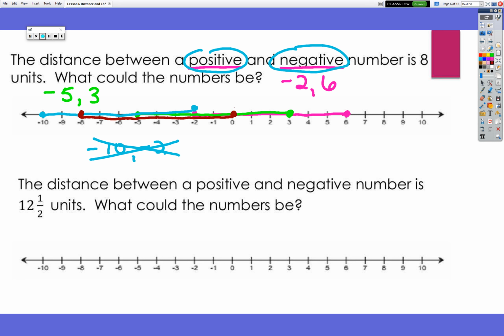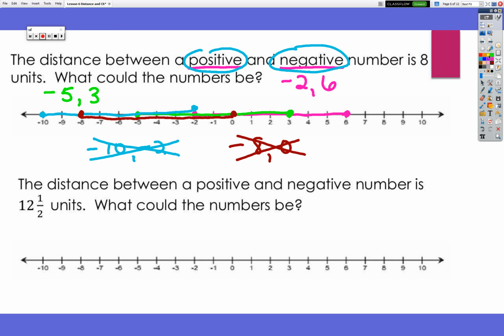I end up on 0. How about -8, 0? That's a distance of 8 units, but is one number positive and the other negative? Hopefully you're thinking, no. 0 is neither positive nor negative, so that also does not work as a choice.